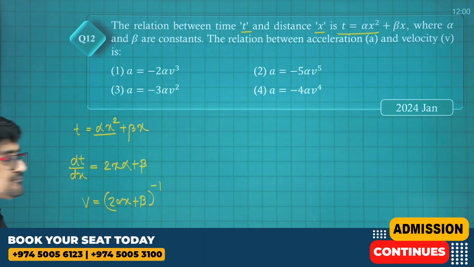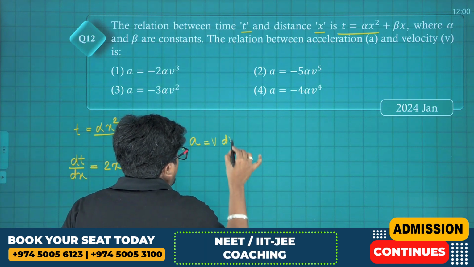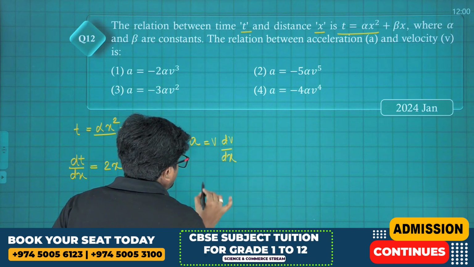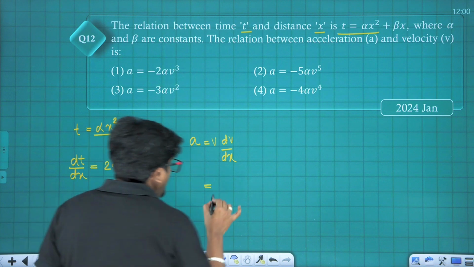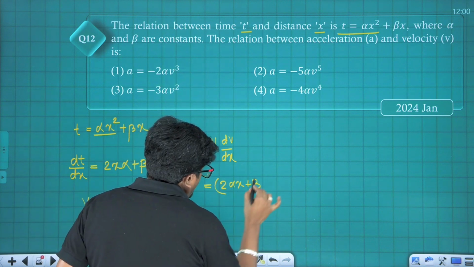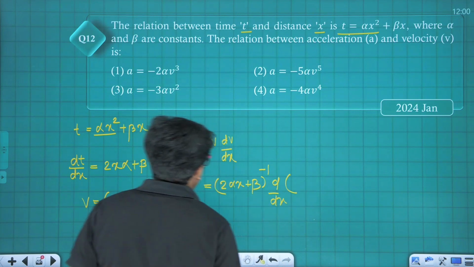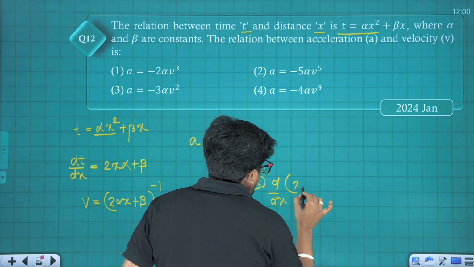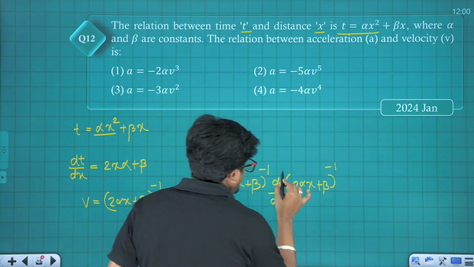And we know that acceleration a is v into dv by dx. What is v here? v here is 2 times alpha into x plus beta raised to minus 1 into d by dx of, again, 2 times alpha into x plus beta raised to minus 1, the differential of this.